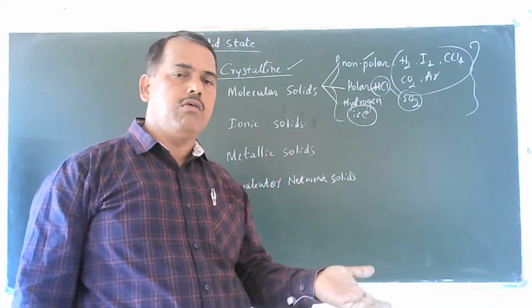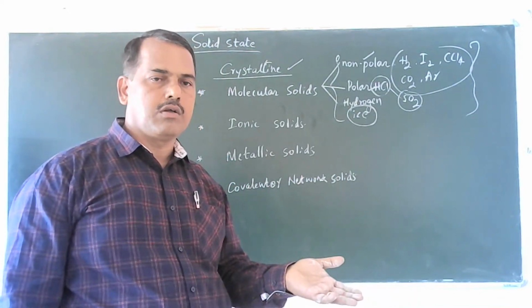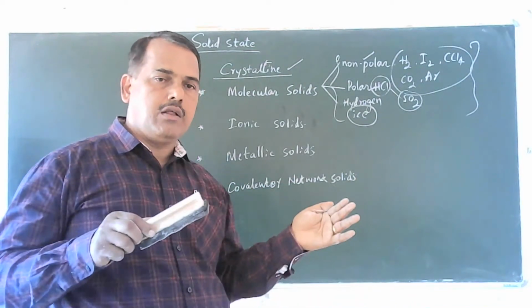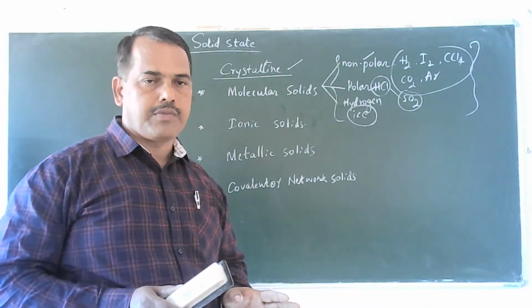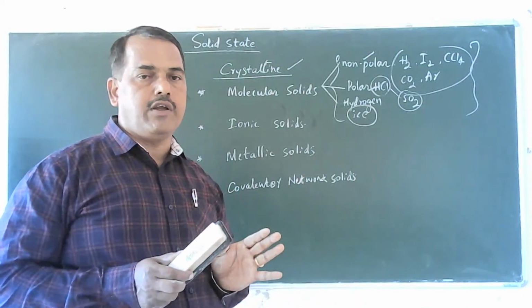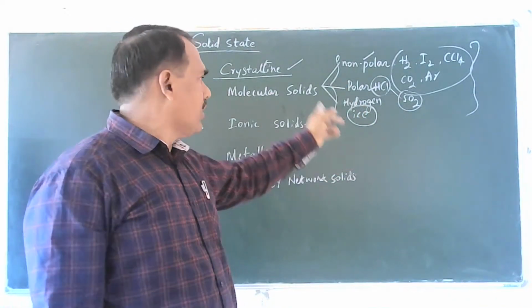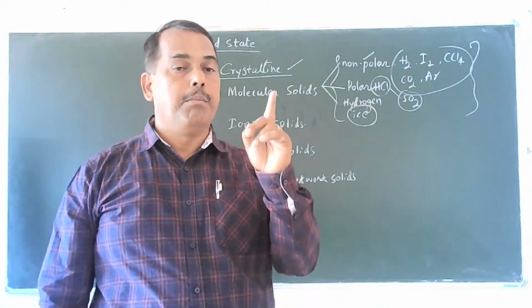What about their melting point? What about their physical state? They are soft. You can compare the different types of molecular solid. Easily you can remember. Molecular solids are classified into three types: non-polar molecular solid, polar molecular solid, and hydrogen bonded molecular solid.